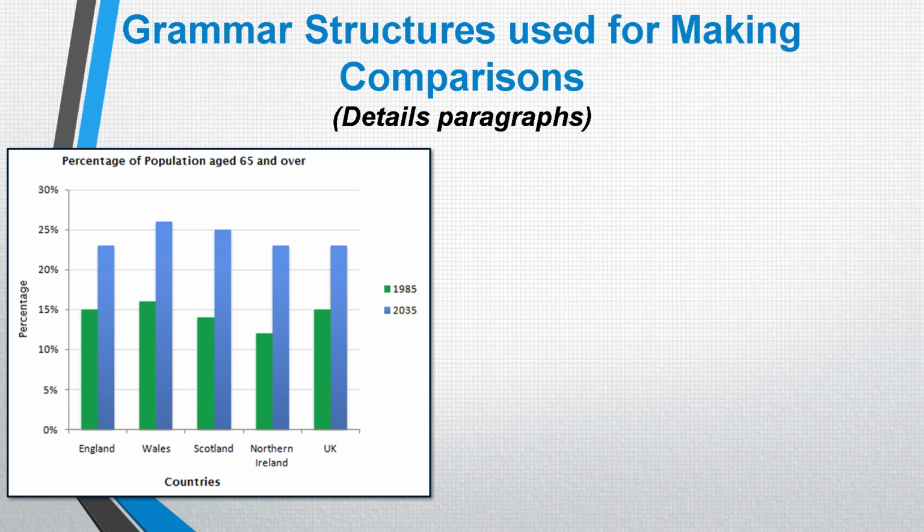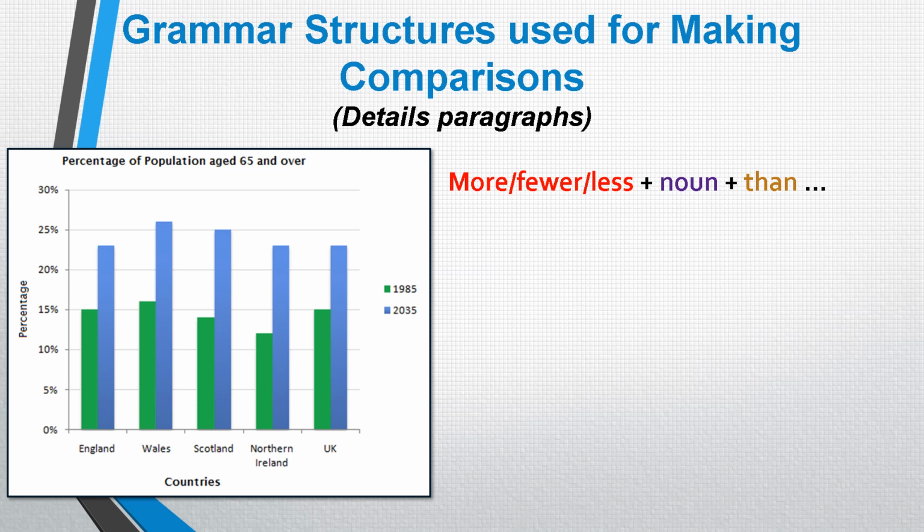Now we need to take a look at grammatical structures that are used for making comparisons. So as well as describing changes over time, we sometimes need to make comparisons. So we're going to look at 5 different techniques for doing that here. And the first one is this: more, fewer, or less, plus noun, plus than.